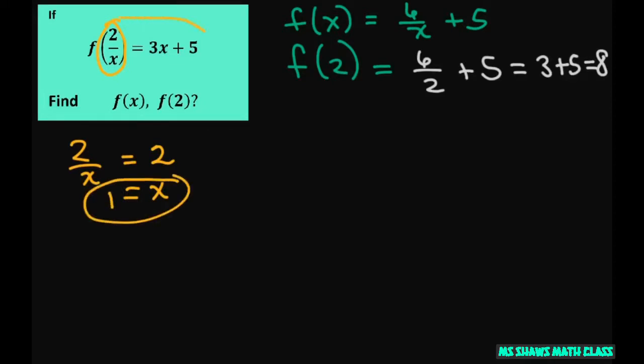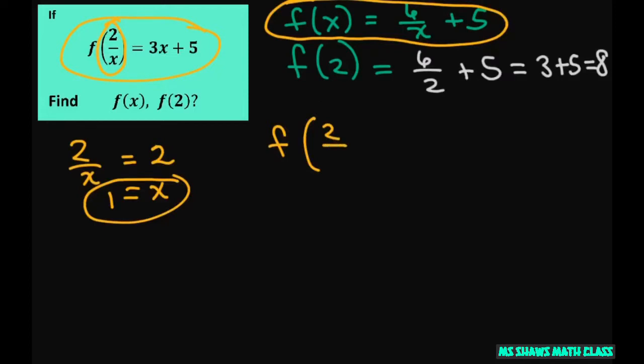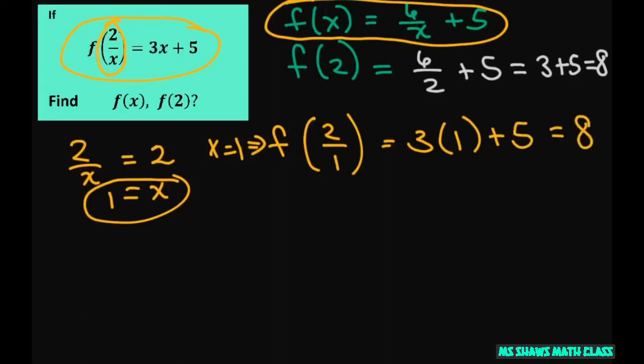So if I use this formula instead, I get f of 2 divided by 1, which is when x equals 1, equals 3 times 1, because x is 1, plus 5, and that gives you 8. So either way, you get the same answer.